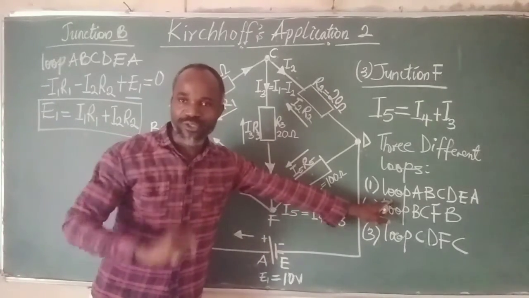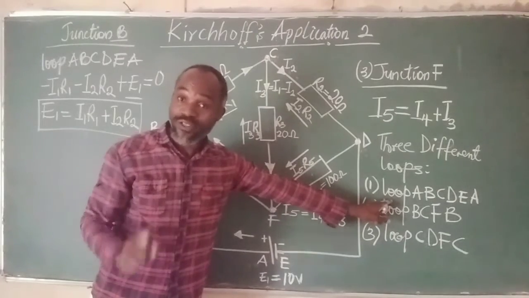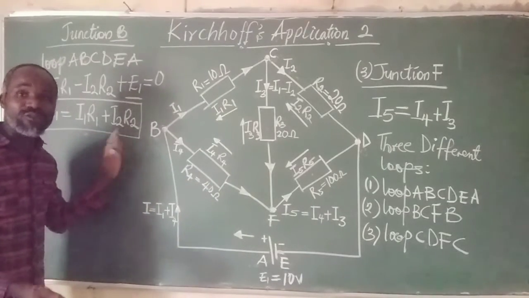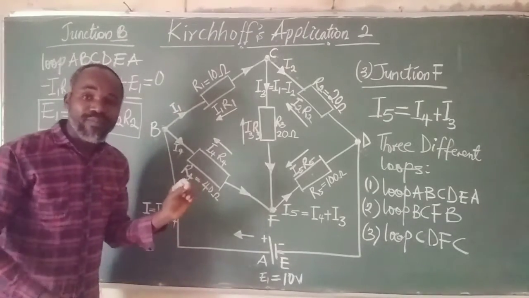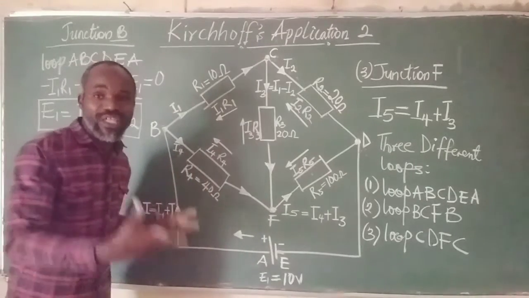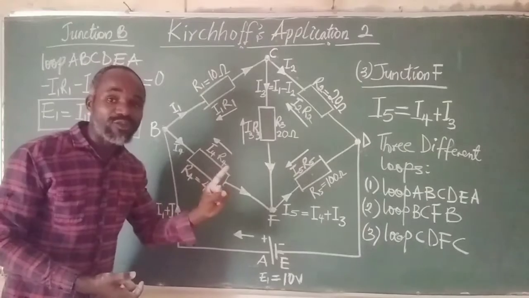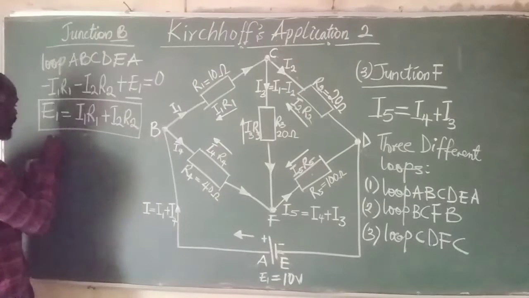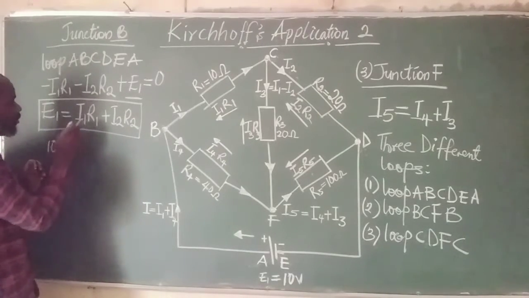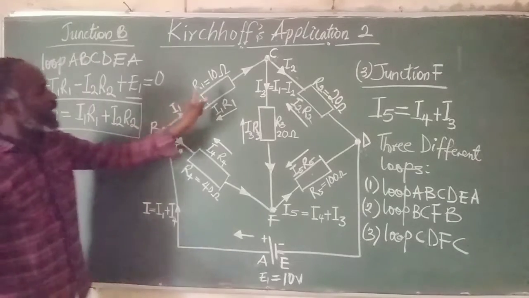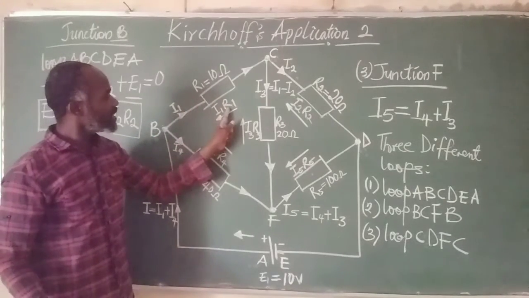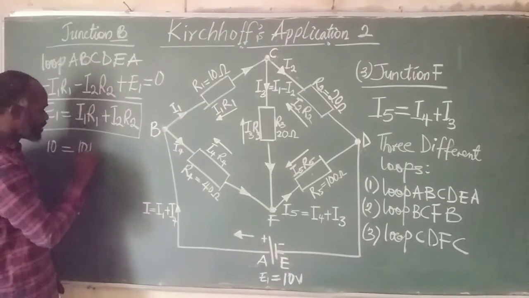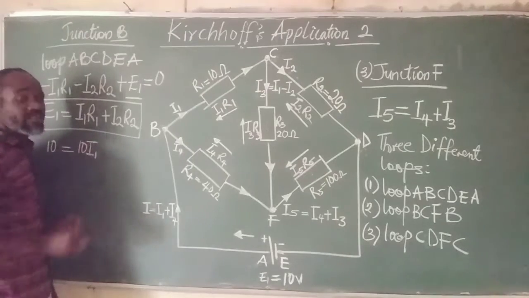Now the next thing we need to do, for your learning pleasure and understanding, is to substitute wisely for us to generate a numerical or algebraic expression that will form the first equation we are going to solve. For E, we have 10 volts. So we put 10 here. For R1, resistance 1 is 10 ohms, and then current I1.